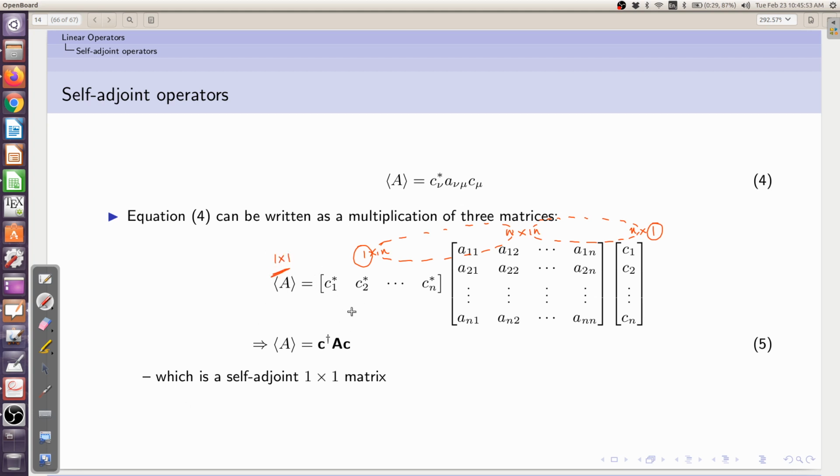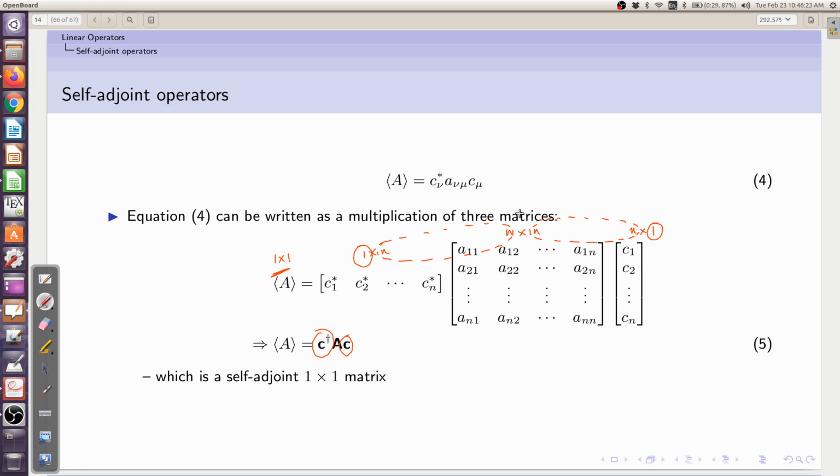Since we have taken a transpose as well as a conjugation, this is nothing but C dagger, and this is C. So C dagger A C. The expectation value of a Hermitian operator can be written as C dagger A C, where C is a column vector which represents the vector we are taking.